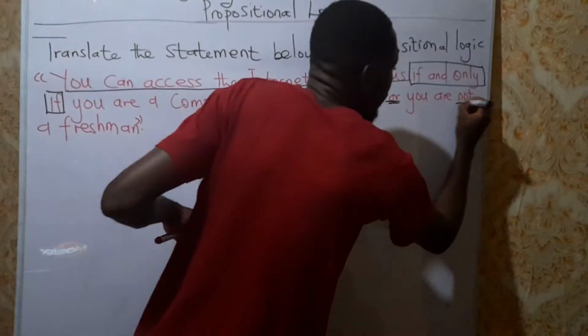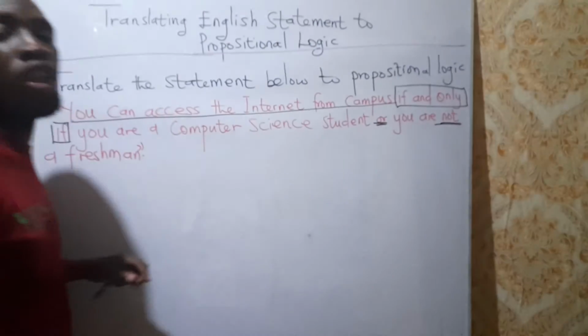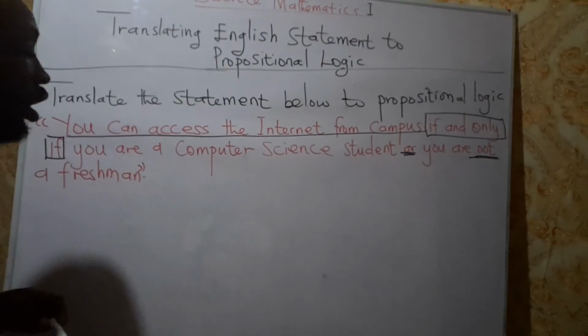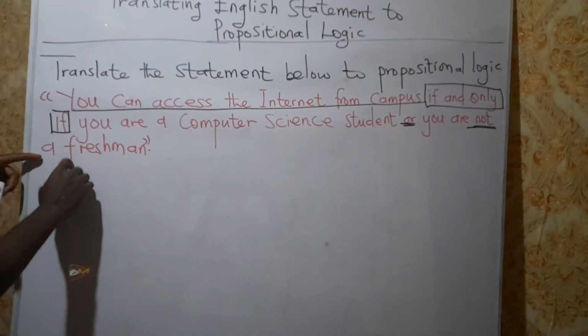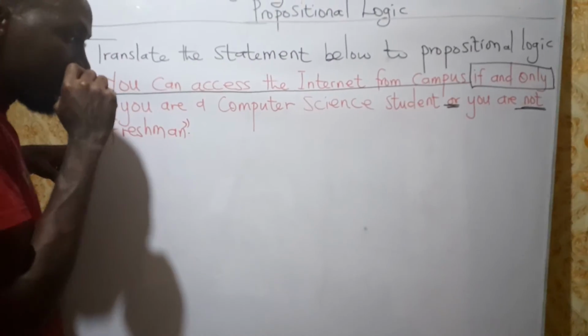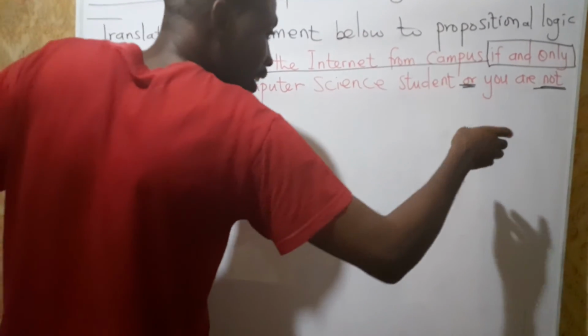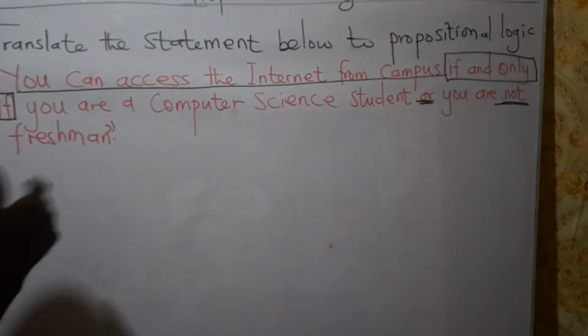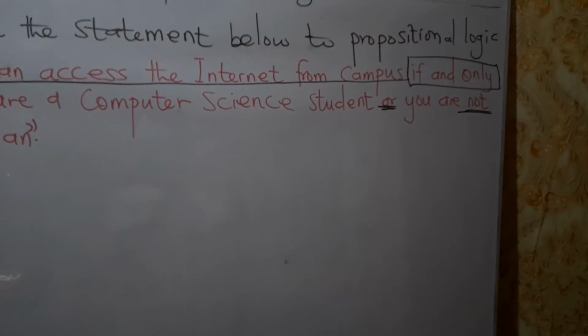Because of the not here, there is another logical operator involved, and that logical operator is a negation. That negation simply means you are a freshman is the statement, and it is negated. So now let's break them and see how we solve it.